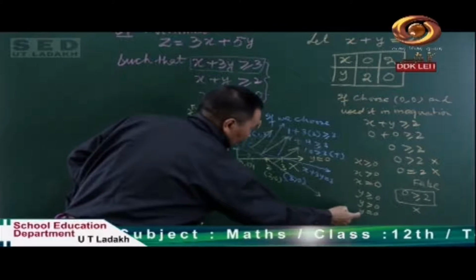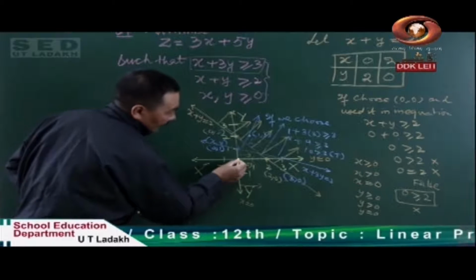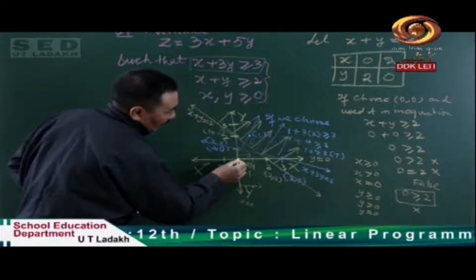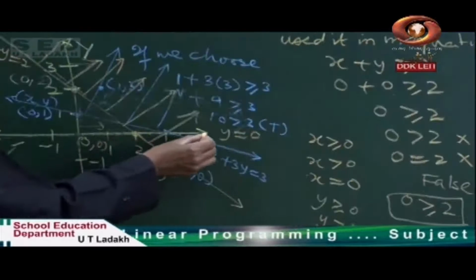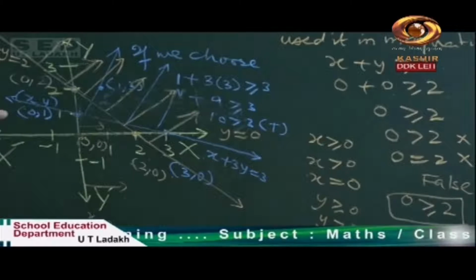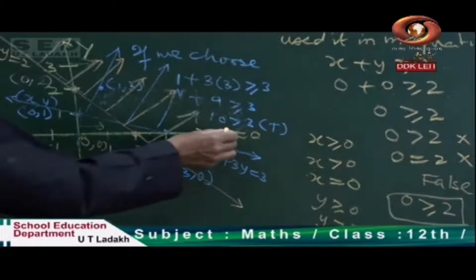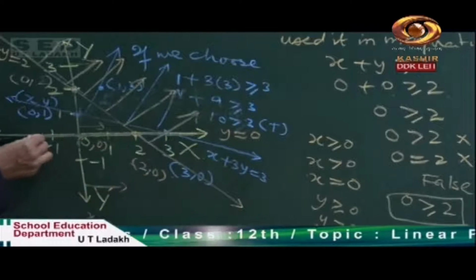The equation y equal to 0 will be the x-axis, because if the value of y is 0, then the value of y is always 0 on this line. For example, I have stated in previous classes that y equal to 0 is always the x-axis.